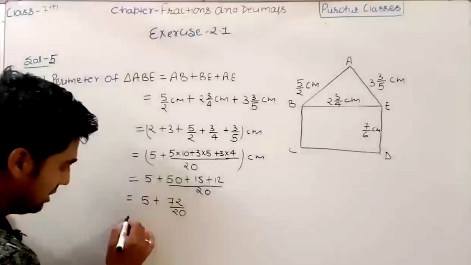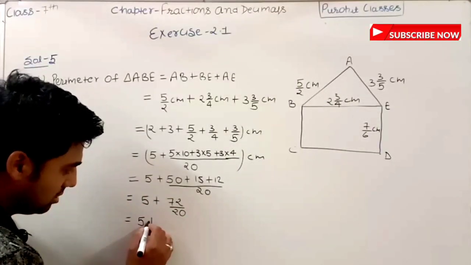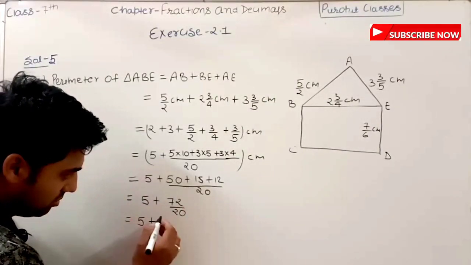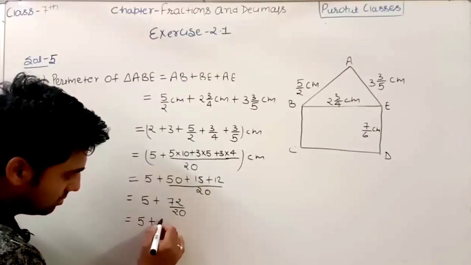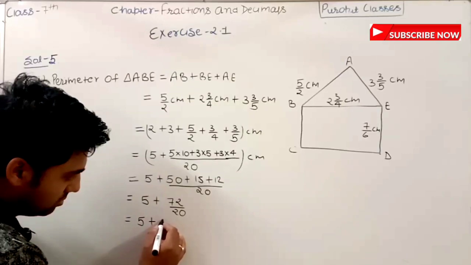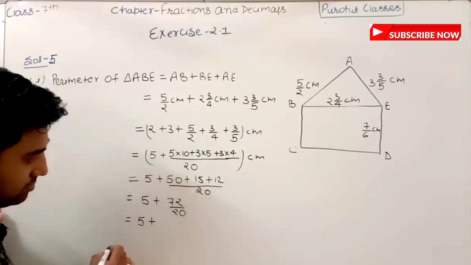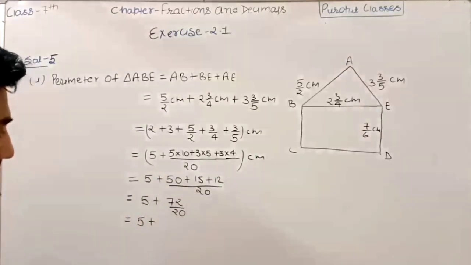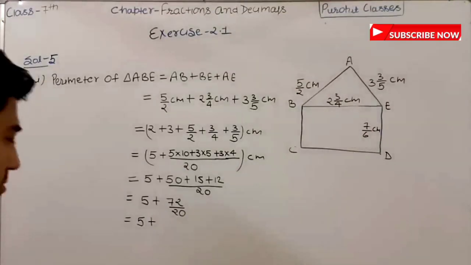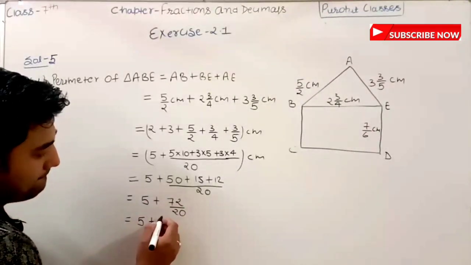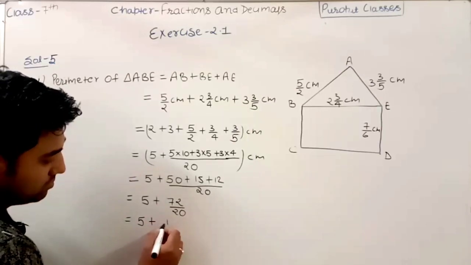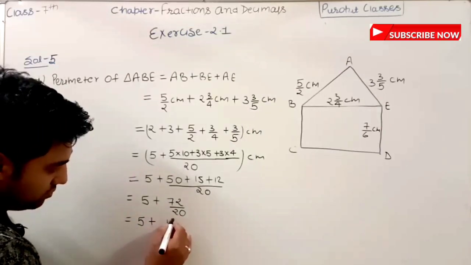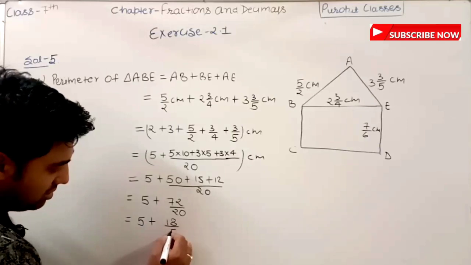Okay. So let us convert this into lowest form. If we divide it by 4, 4 into 18 and 4 fives are 20.